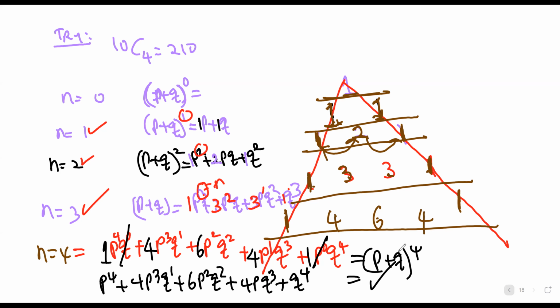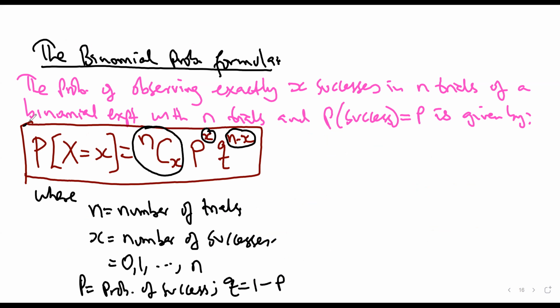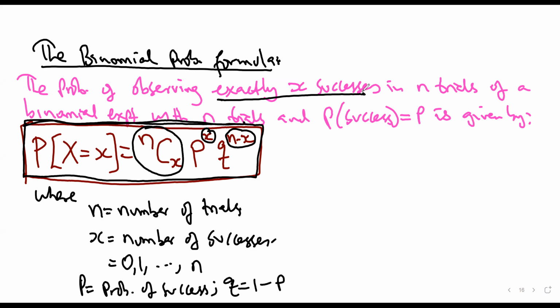But the most important thing in the whole of this story is this formula. This is the formula that we shall be using in the application of binomial probabilities. If you want to calculate the probability that X takes a certain value, and here we're talking about exactly a given number of successes, that's why we have an equal sign here.